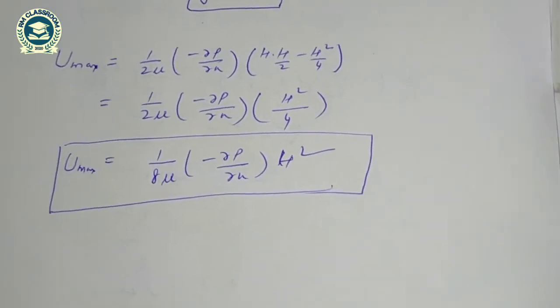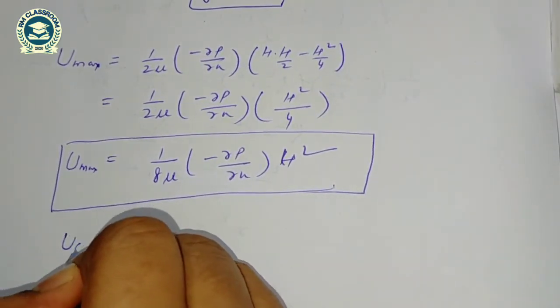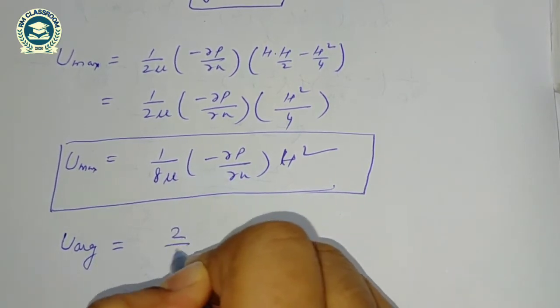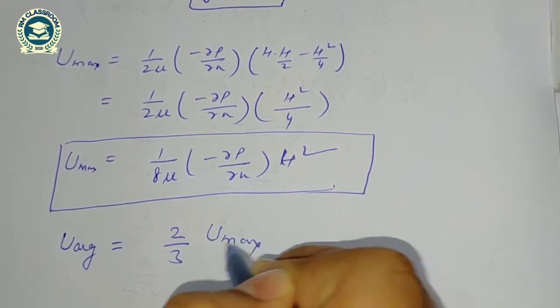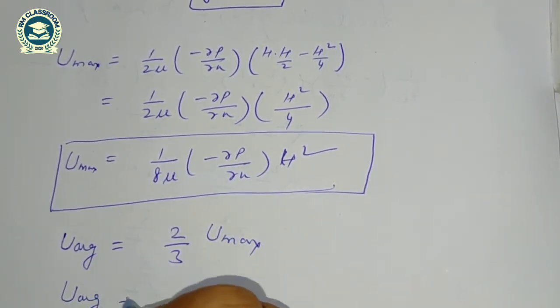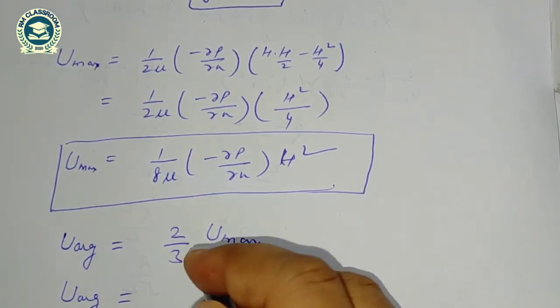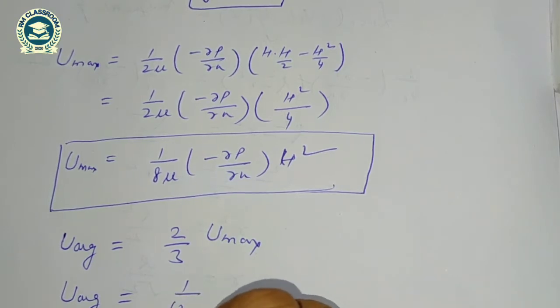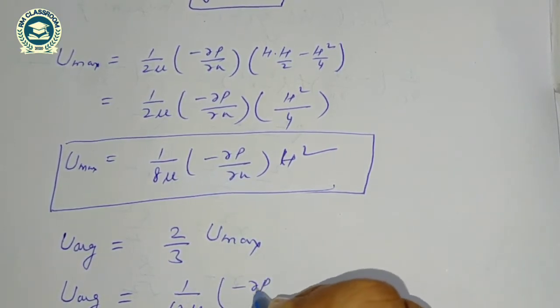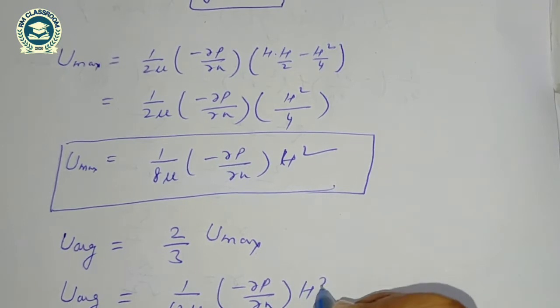And we have also discussed that average velocity is equal to 2/3 of maximum velocity. So the expression of average velocity is 1 by 12 mu minus del p by del x into h square.